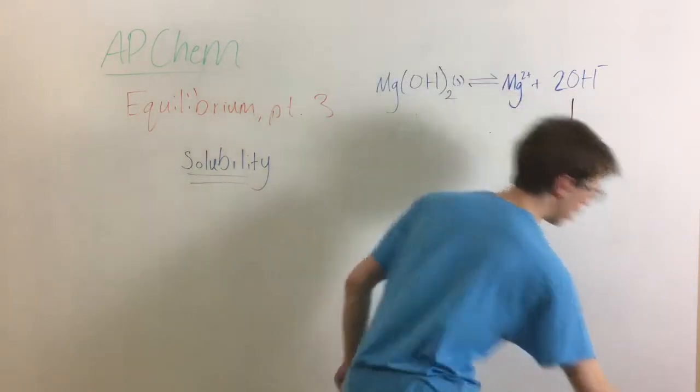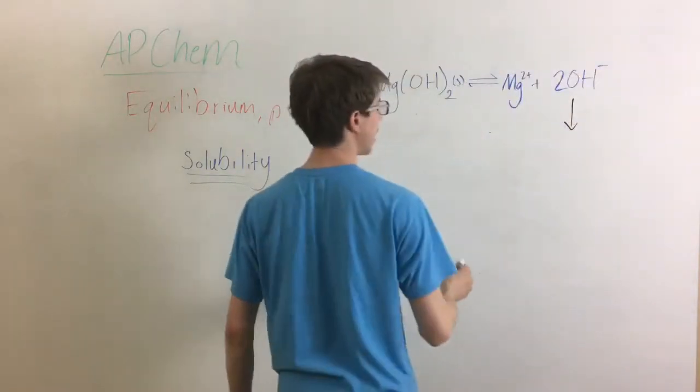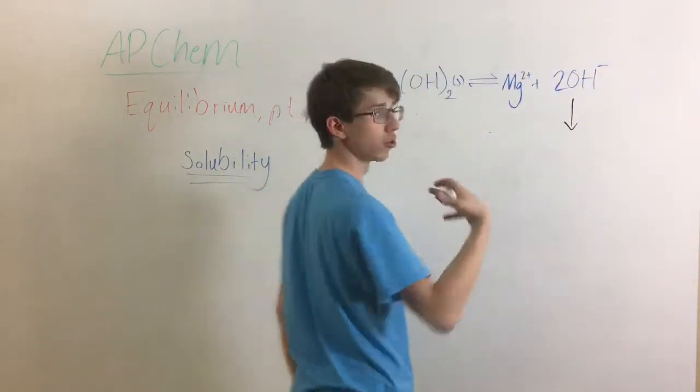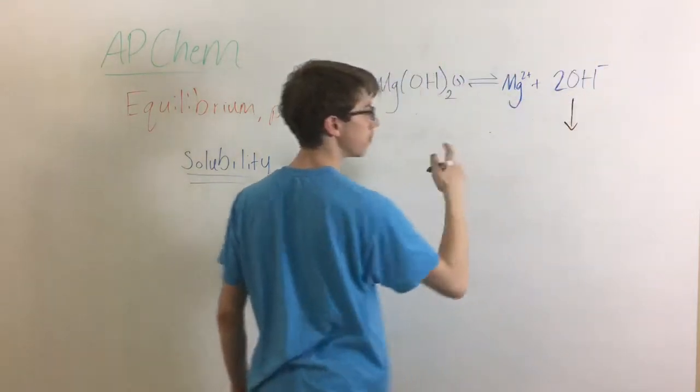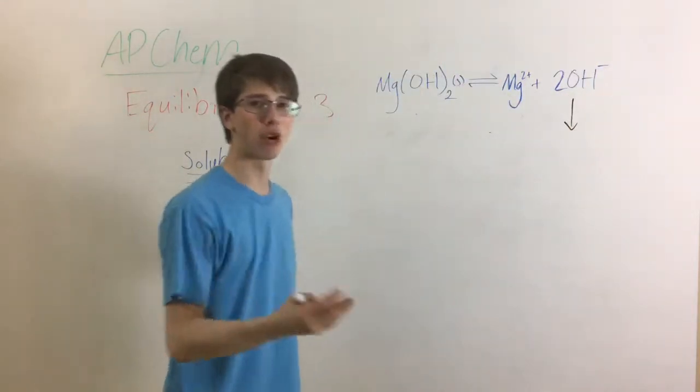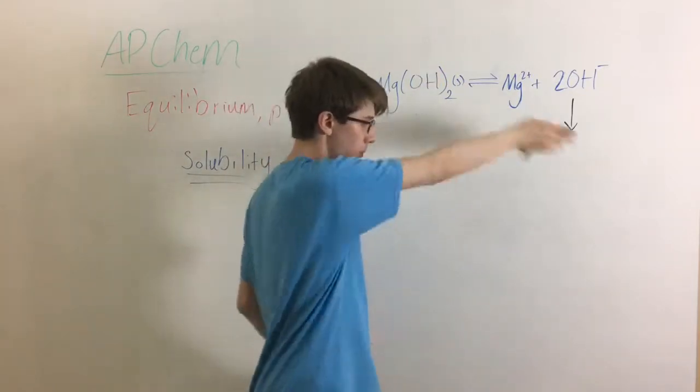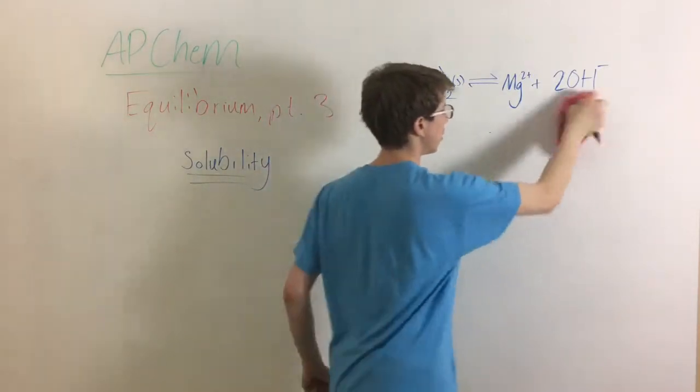And if the concentration of hydroxide decreases, then the equilibrium, due to Le Chatelier's principle, will shift in the direction of the products, meaning that the solubility will actually increase because more is being dissolved.